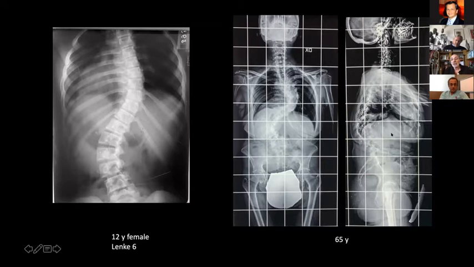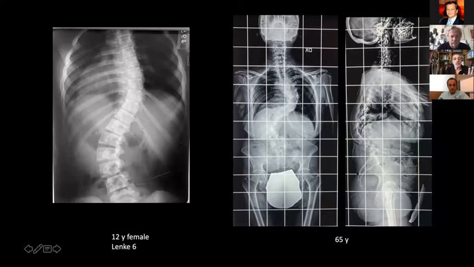The compensatory mechanisms are less, even if we have a severe malalignment in sagittal plane because of the thoracolumbar kyphosis. But the thoracolumbar kyphosis is actually the result of the extreme rotation of the lumbar scoliosis.